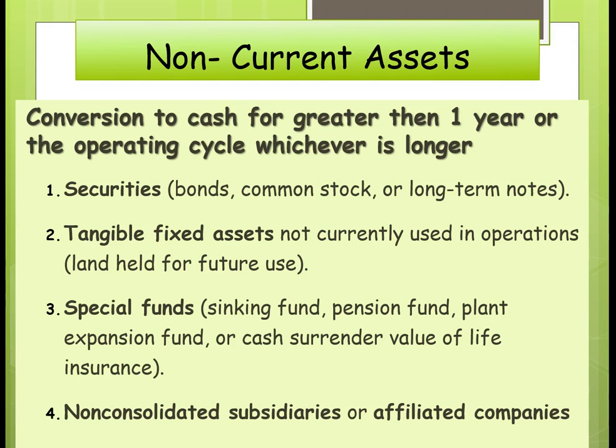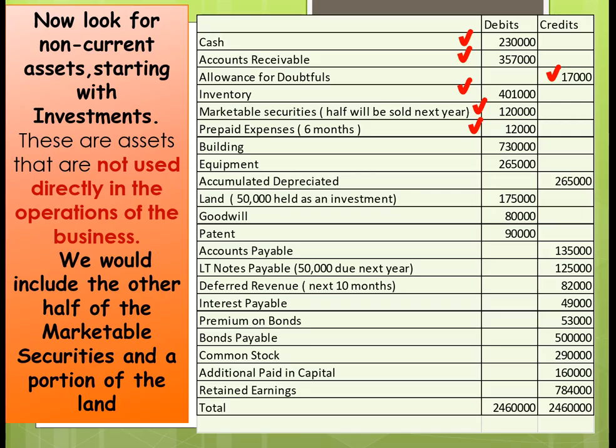So now let's go back and look at our example. Remember, when we're talking about this section of the balance sheet, these are assets that are not used directly in the operation of the business. So we would go through and find the other half of our marketable securities, and 50,000 in land of the 175 that's being held as an investment.